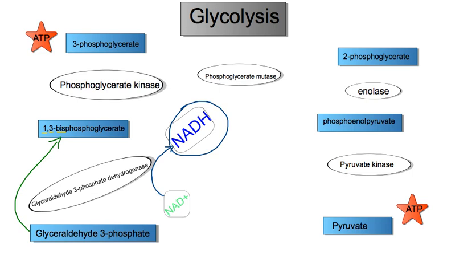The next step is converting that 1,3-bisphosphoglycerate to 3-phosphoglycerate. As you can notice, there is no 1 here. So what happened to that phosphate is that it basically got converted to ATP. So we have ADP.